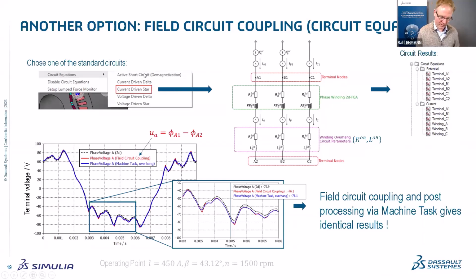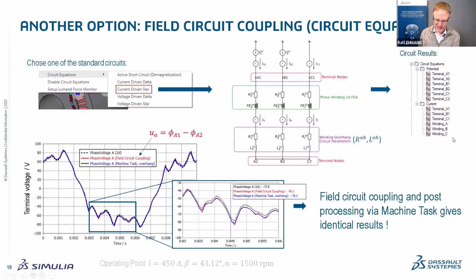But to be honest, we don't have a GUI, so this is not coming from a GUI which sets up these circuits. But we have default circuits for machines, parametric. So you just choose the circuit you want, either an active short circuit, which is the more complicated one, or current-driven delta, voltage-driven delta, and then you get such kind of circuits.